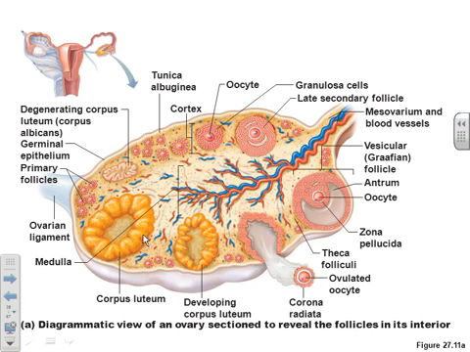So what we do is we form what's called the corpus luteum within the ovary. The corpus luteum is a scar tissue. The scar tissue is actually capable of secreting a hormone known as progesterone. This progesterone is going to signal the body that an egg has been released and it's time to move back towards the beginning of the monthly cycle.